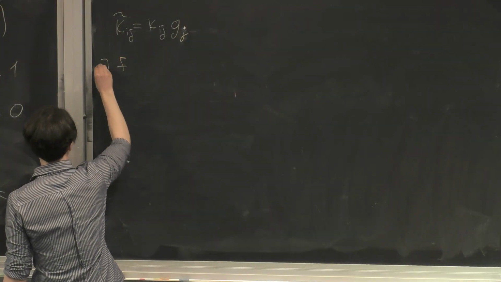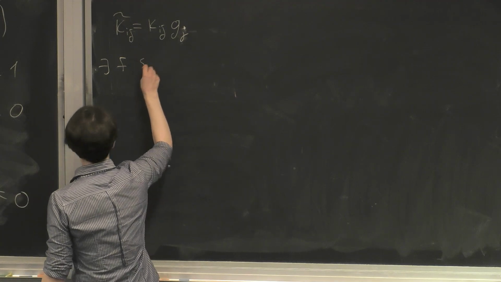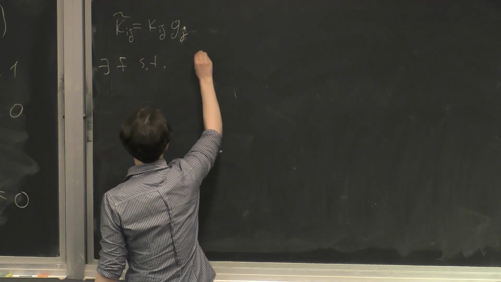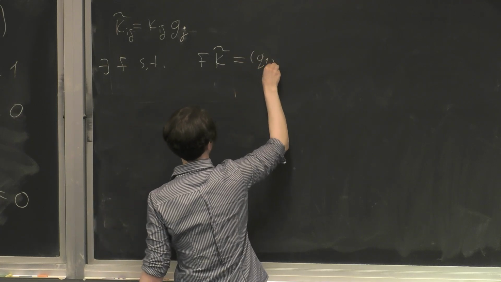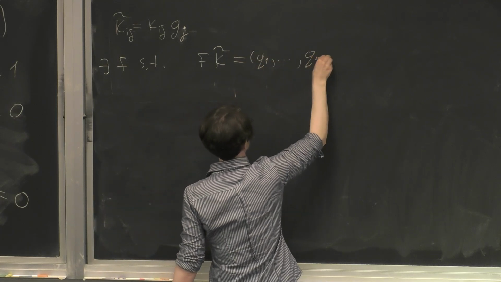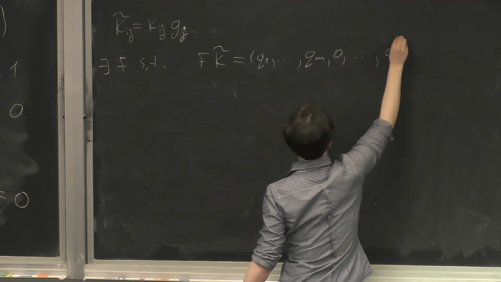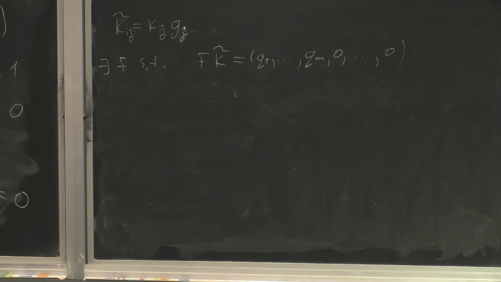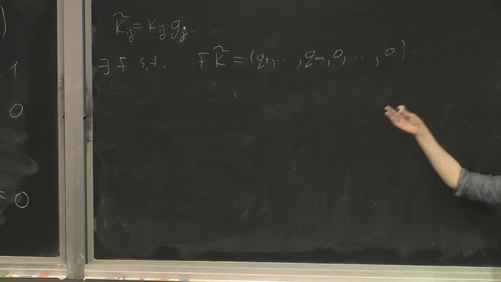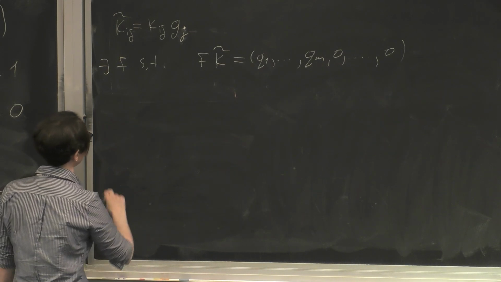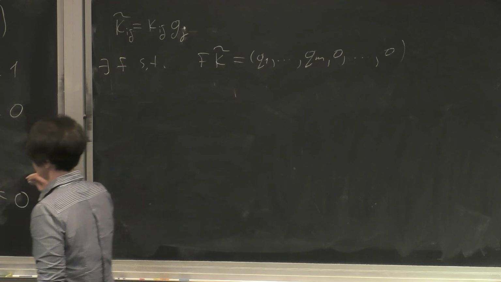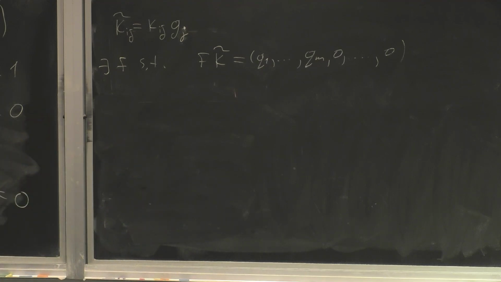to say that there exists f such that f K tilde is given by q1, ..., qm, 0, 0. This is another system of linear equations. Now we multiply each row by different f's.